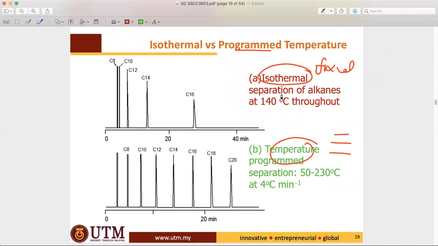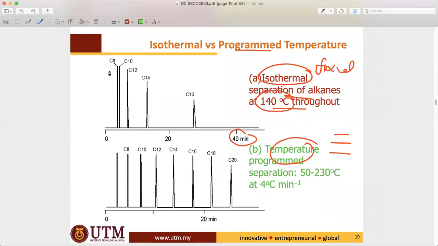For isothermal, this is the example of isothermal separation of alkanes at 140 Celsius throughout. It means they set the temperature to 140 Celsius throughout the analysis, which is 40 minutes.